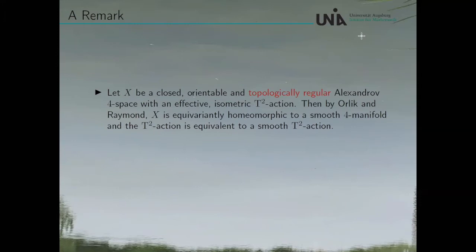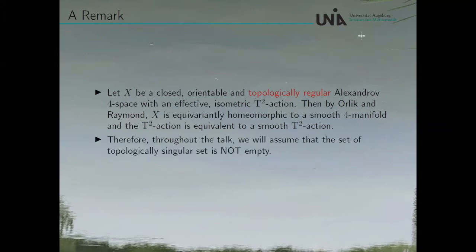So the equivariant classification is the same as the equivariant classification in the smooth category. And therefore, in this situation, we don't get something new. That's why throughout the talk, I assume that the set of topologically singular points is not empty, meaning that I always have a point whose space of directions is a lens space.